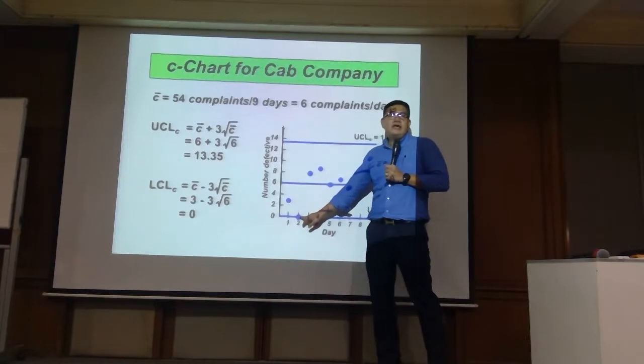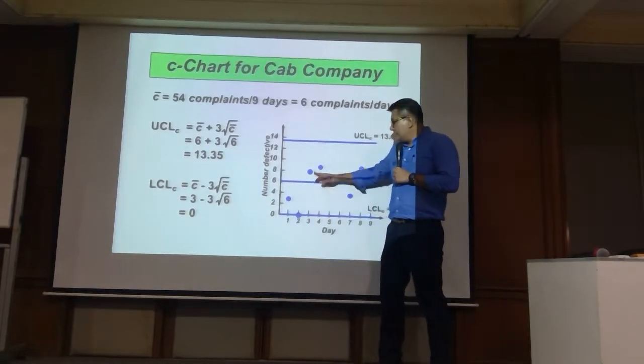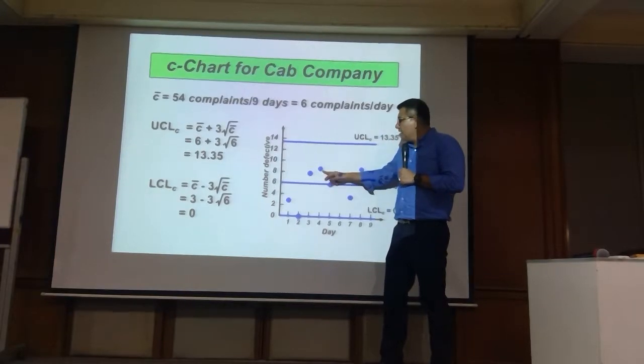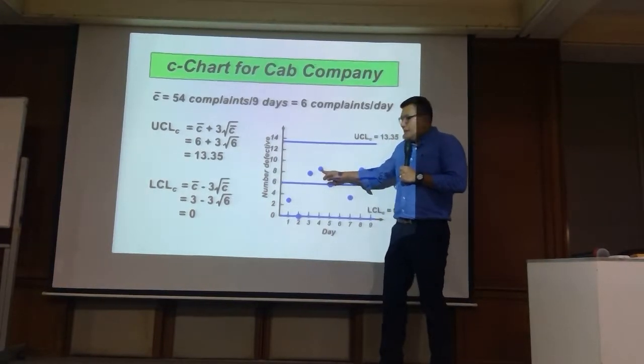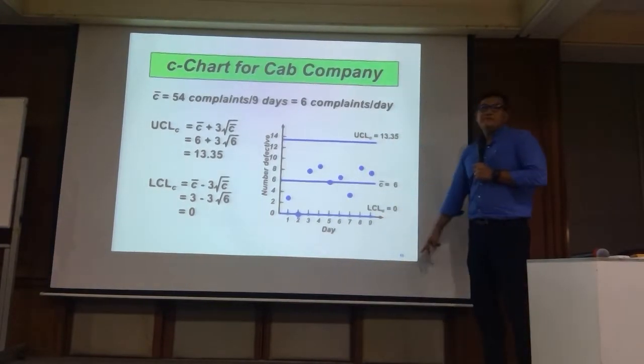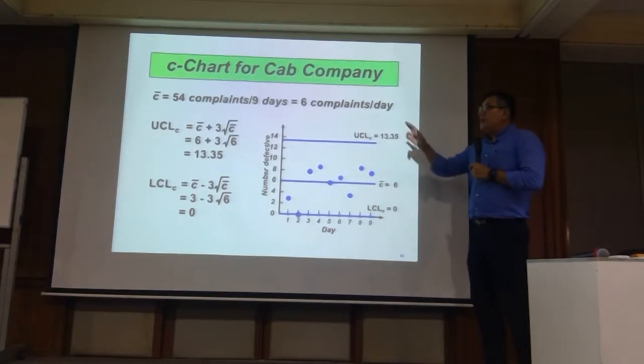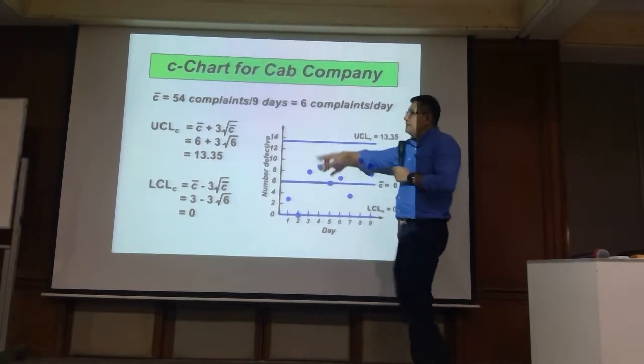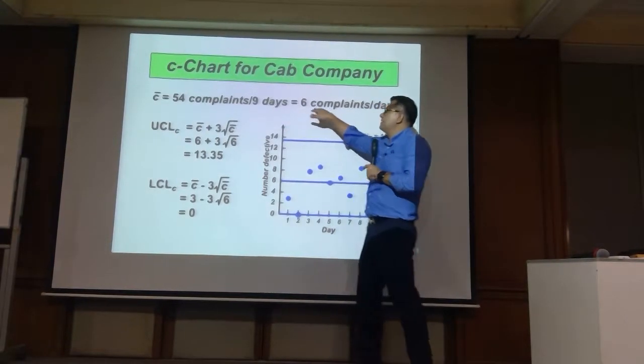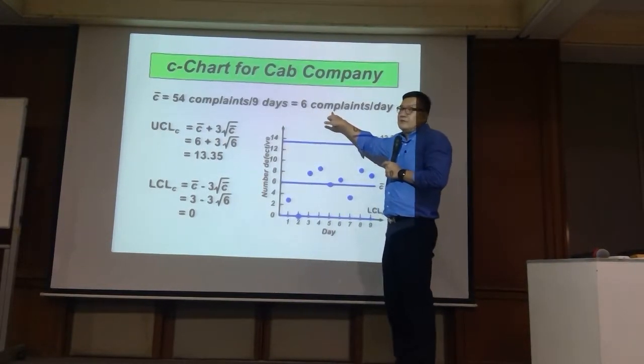Second day, no complaints. Day number 3, we have 8. Day number 4, we have 9, something like that. Let's say we measure 9 days. Total complaints is 54, based on 9 days. So the mean is 54 divided by 9. We have 6 complaints, right?